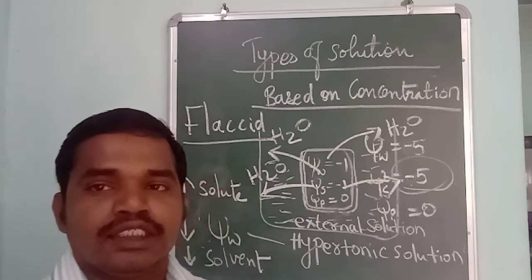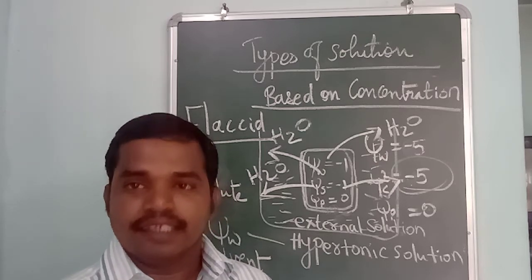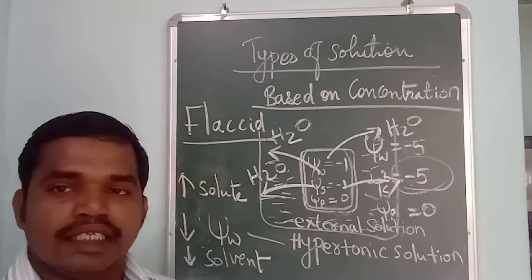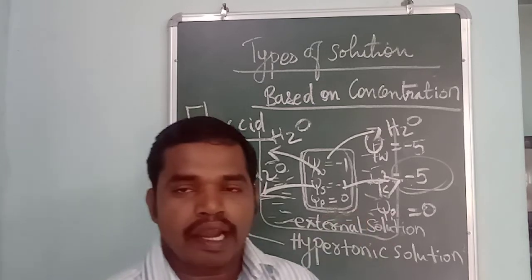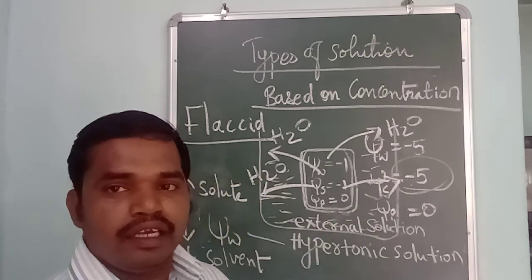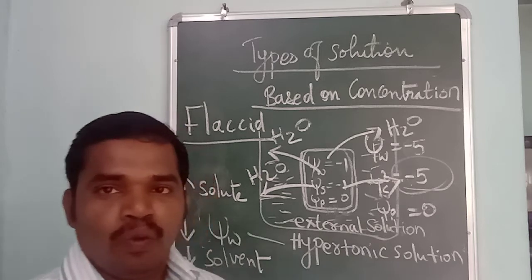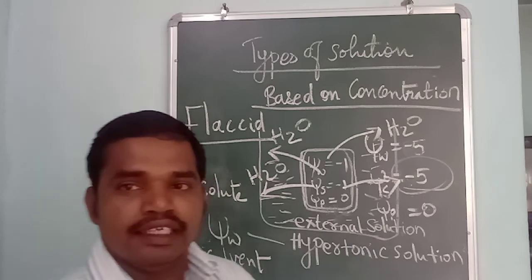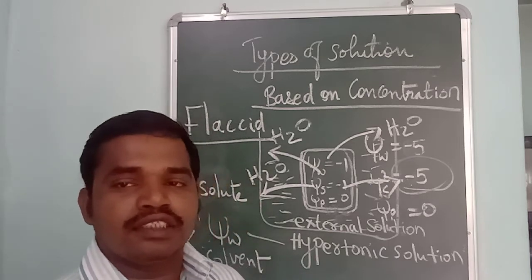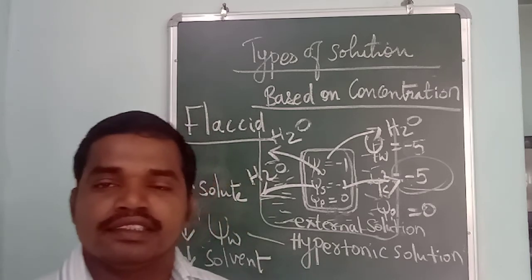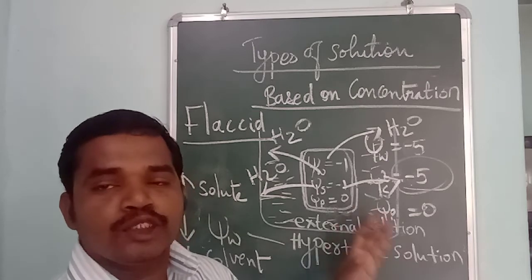This process is known as plasmolysis. So do you understand what happens to the cell when it is kept in the hypertonic solution? When a normal cell is kept in the hypertonic solution, the cell starts to shrink in its size because of exosmosis.